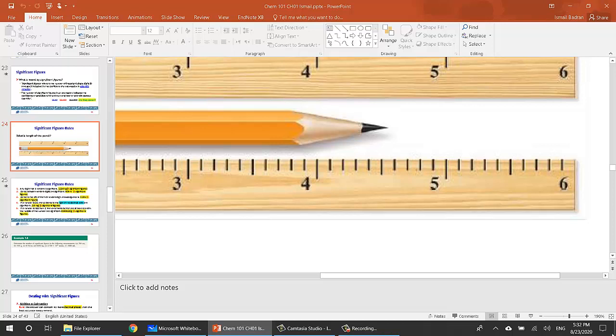You are sure about the 4 and the 0.5, because the length of the pencil is a little bit more than 0.5, so you will say it is 4.56 or 4.55. It's not very clear how much it is in the third place, but in this case we are getting three significant figures, so it's 4.55.